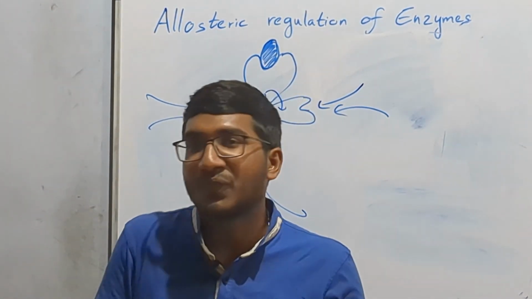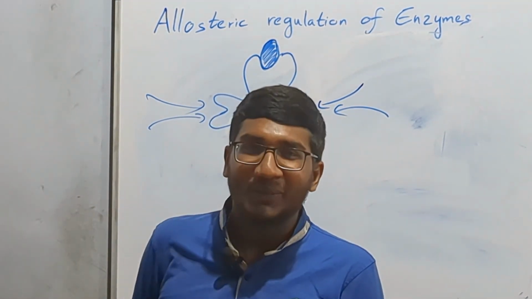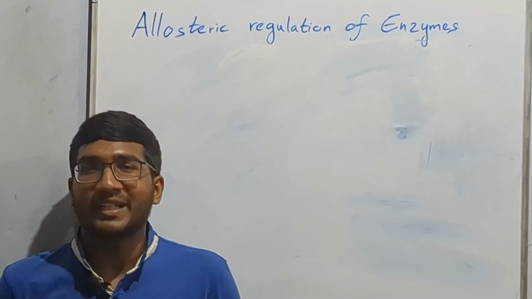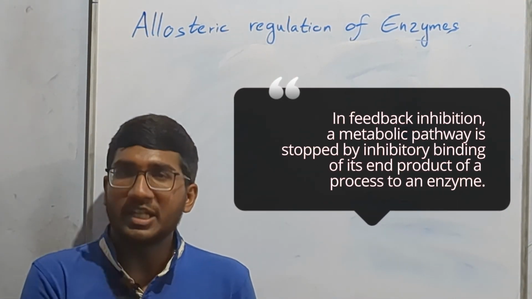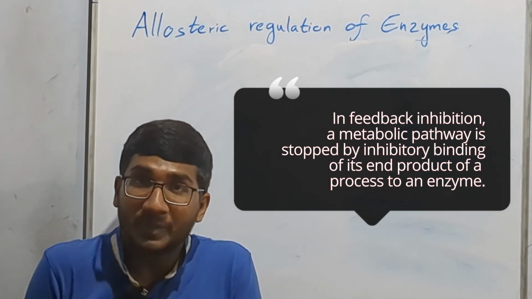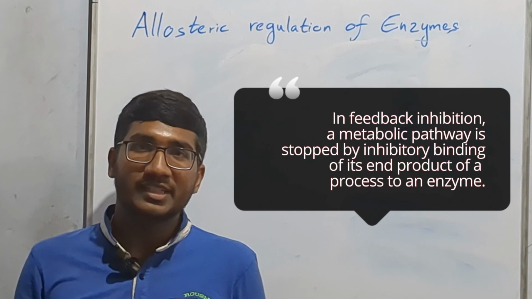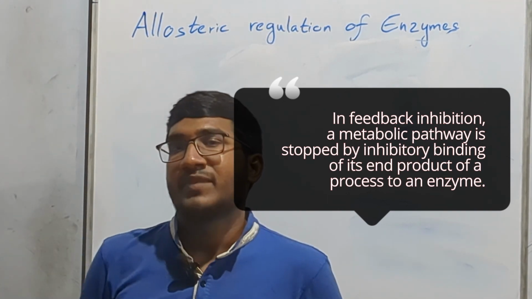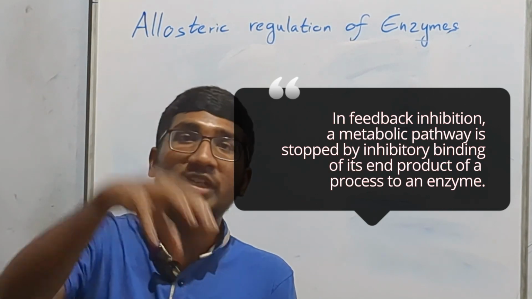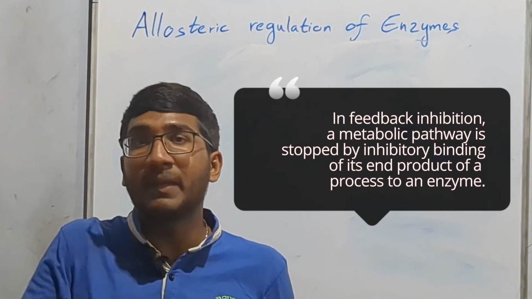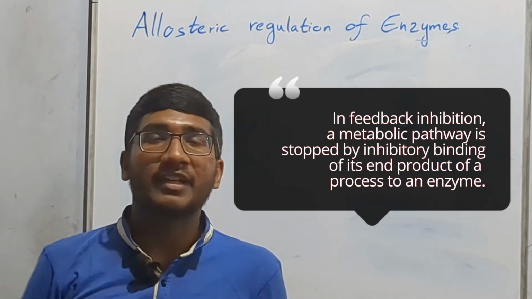Now let's talk about feedback inhibition, which is the final topic of allosteric regulation. In feedback inhibition, a metabolic pathway is stopped by inhibitory binding of the end products to the enzyme. The special factor is that the end products themselves bind to the enzyme to inhibit the metabolic pathway by which these end products were created.